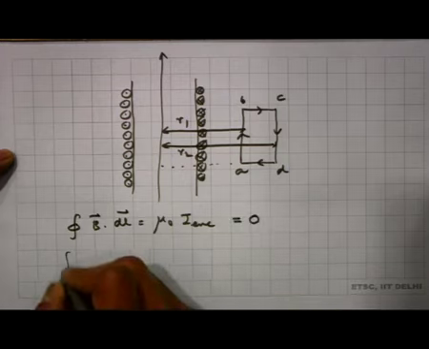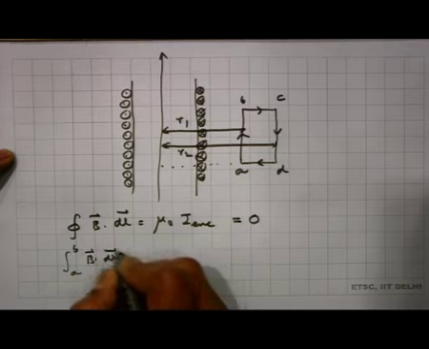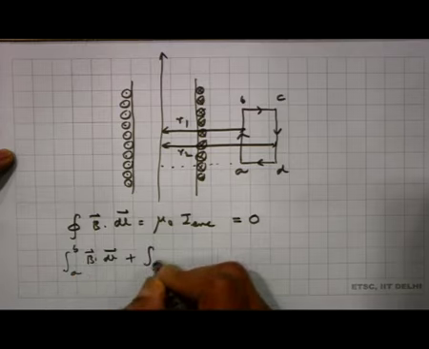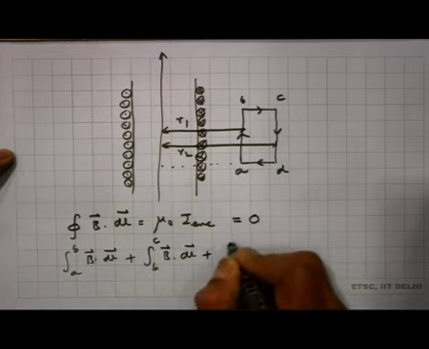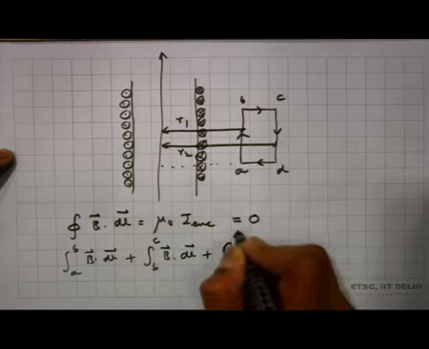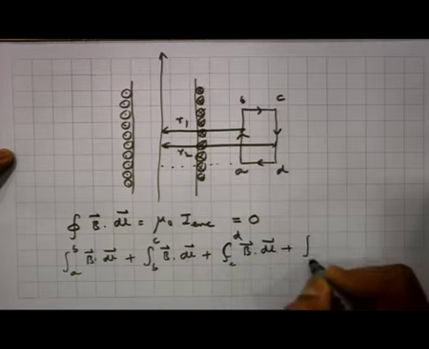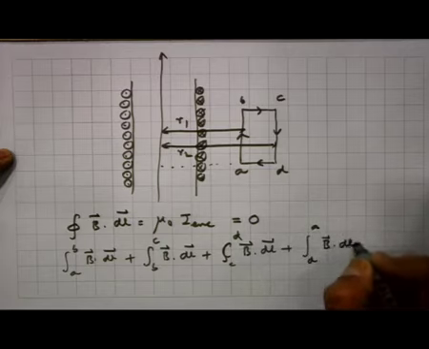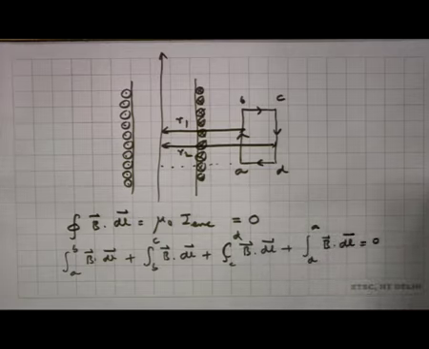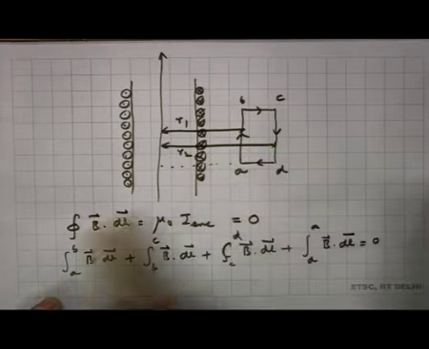So, what I get is A to B dot dl plus B to C dot dl plus C to D dot dl plus D to A dot dl must be 0. So, this integration from A to B, B to C, C to D, D to A, that is a complete closed integral.